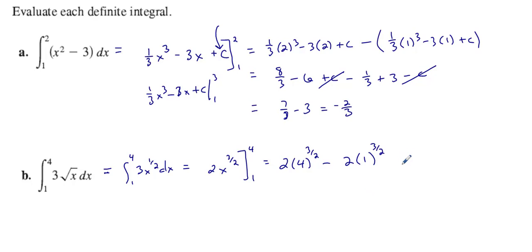Yes. I typically don't on these problems. All right, 3/2 without a calculator. So that'd be the square root of 4, which is 2. Now cube 2. That's 8. And then 1 to any power is just 1. So that'd be 2 times 8 is 16. 16 minus 2, 14.